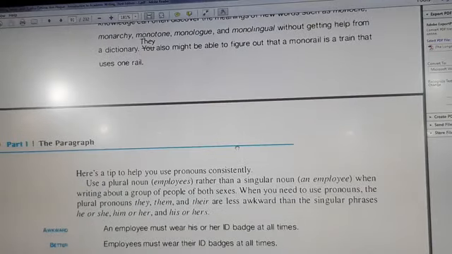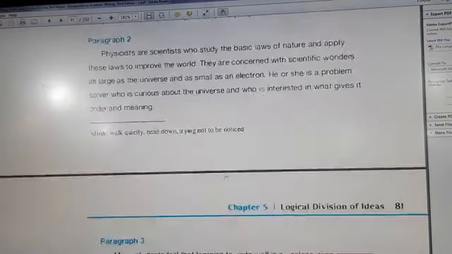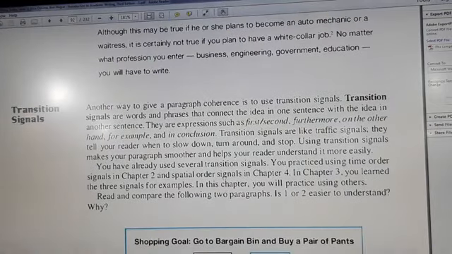Again, this will help the reader to process the text easily in order to understand it. So be careful about these points, that we don't change from singular into plural or vice versa. Don't change from one case to another, for example, from subjective to objective and so on.